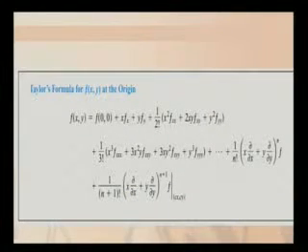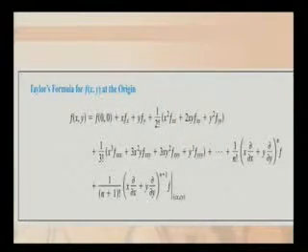Taylor series formula for f of x, y at the origin. If I take (0, 0), at the origin, then the Taylor series can be written as shown here. f(x, y) is equal to f(0, 0) plus x f_x plus y f_y at the point (0, 0).